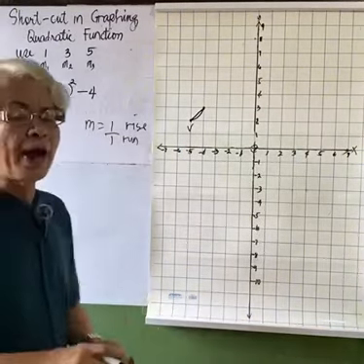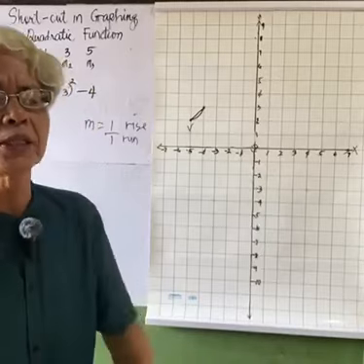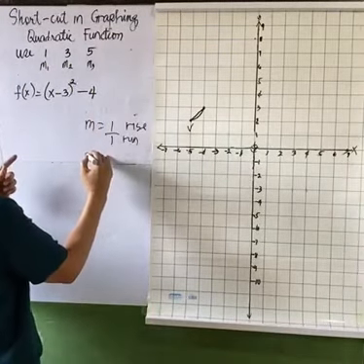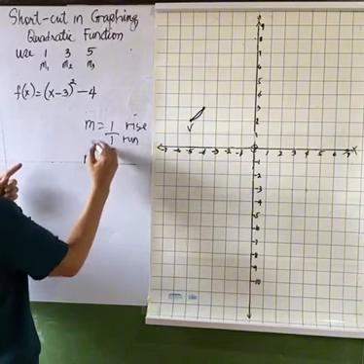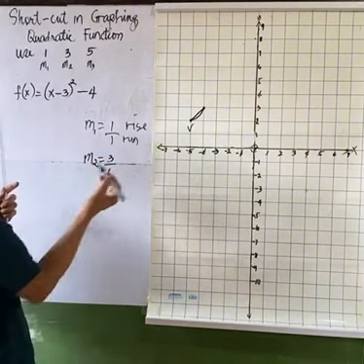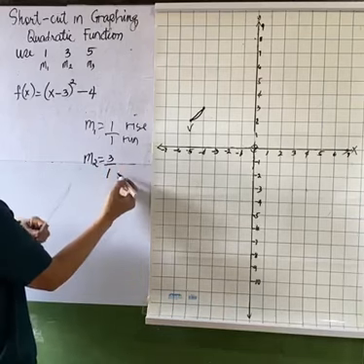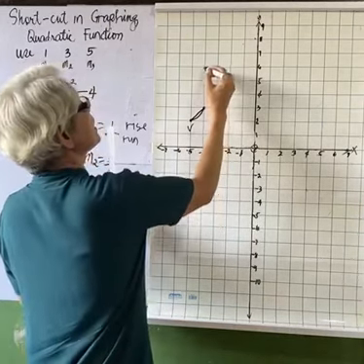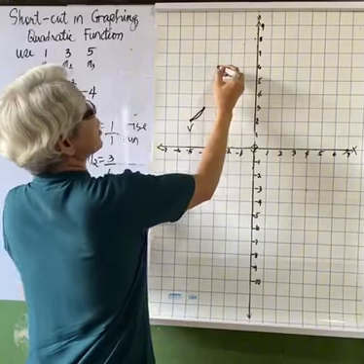And then to find our next point, we will be using our second slope, which is 3, meaning 3 over 1, rise over run. So 1, 2, 3, there is the point.